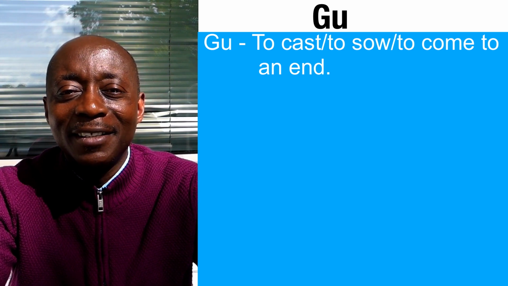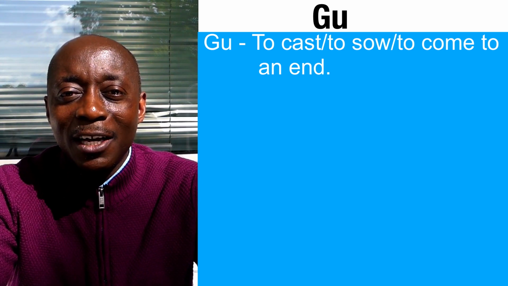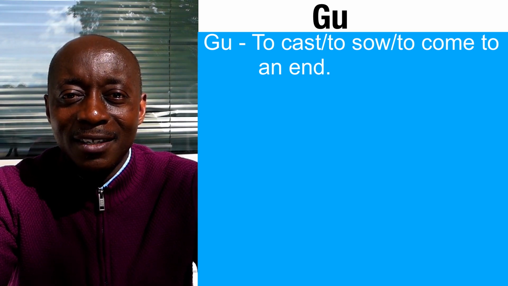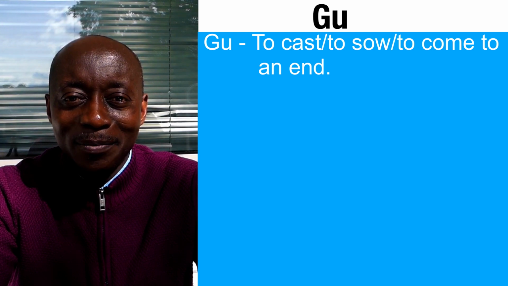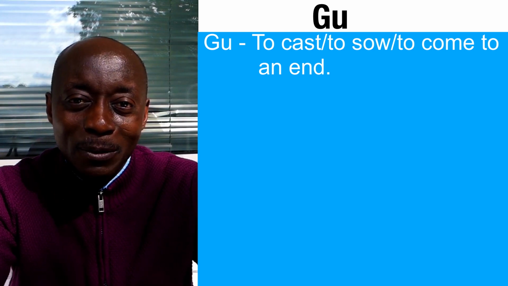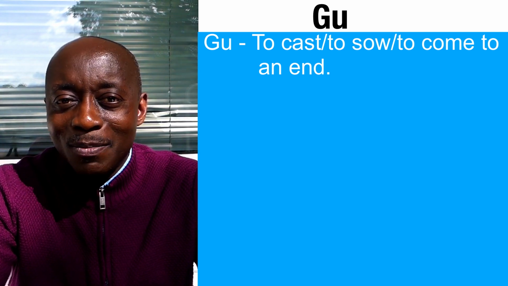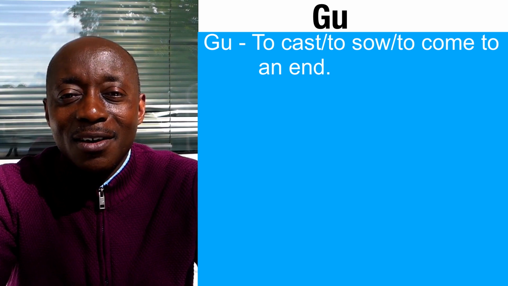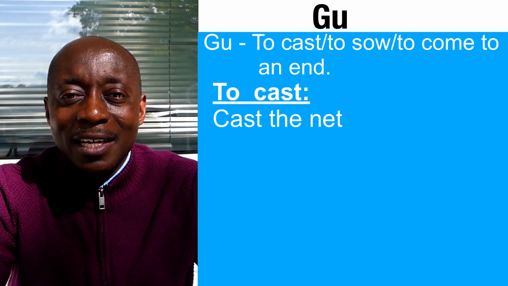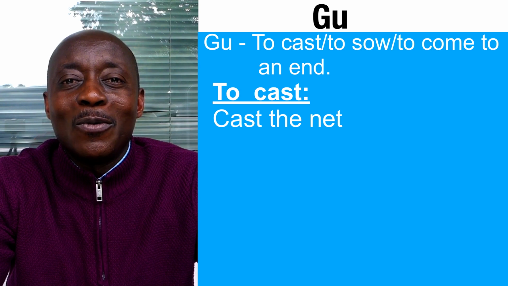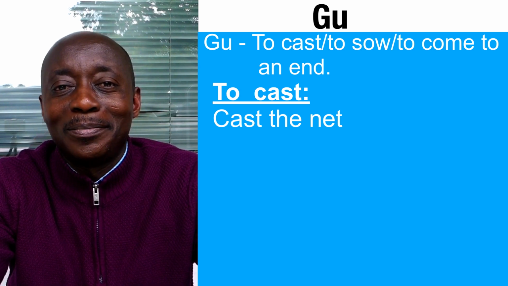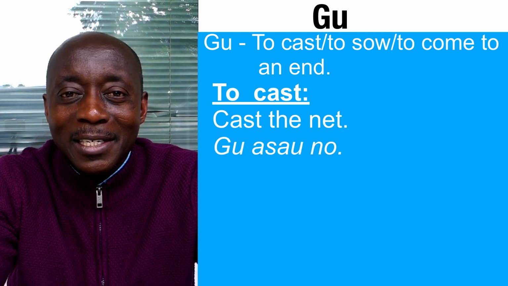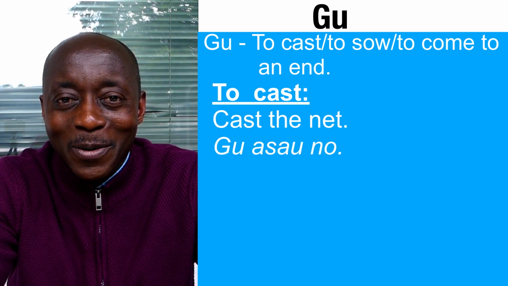What does it mean? When we say gu, it could mean to cast, to sow seeds, or to come to an end. Let's see some of the examples, or various ways by which we can make use of this vocabulary. For example, under to cast, a typical example could be cast the net. In Twi, we will say gu asauno.